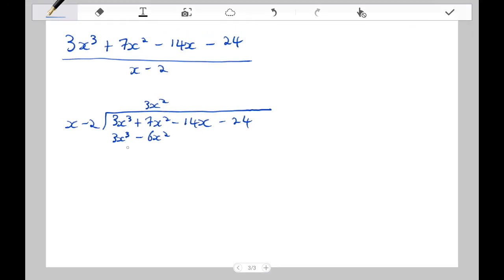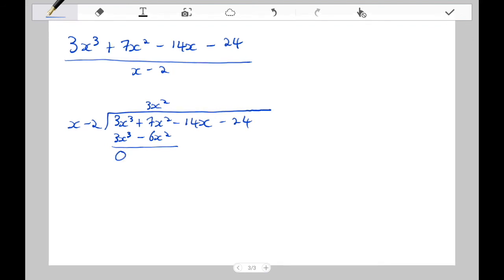Okay? Right, now what we do is we draw a line under this and we simply subtract everything on the bottom from the top. And all we need to really look at is these first two terms here and these two terms here, because nothing will happen to these because there's effectively zeros under here. So we have 3x cubed minus 3x cubed, and that gives us 0.